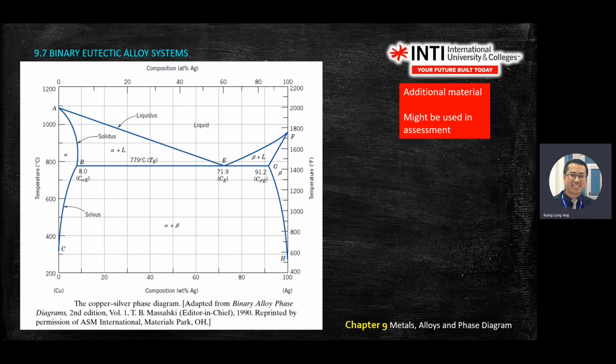So you put your ruler horizontally, drop down, follow the line that you see, and go to the lowest point. Here, point E is your eutectic point. Then you use your ruler to draw a horizontal line. Find the temperature. What is the eutectic temperature? Can you read it from this graph?